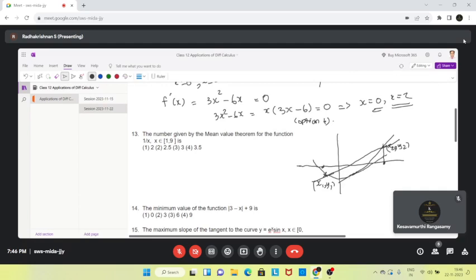This is also like common sense. Whenever the curve goes like this or like this, somewhere it has to be parallel to the line joining x1 y1 and x2 y2. That is the point we have to determine. What is the value of the corresponding point? That is the value given by mean value theorem. That's the point that we have to find out. So how do we go about that?